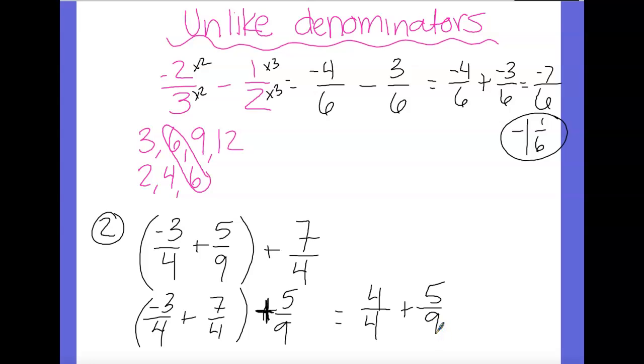What's 4 over 4 equal? 1 plus 5/9 equals 1 5/9. That was way simpler than getting common denominators. Questions about this? Okay. Those are all the examples I have for you.